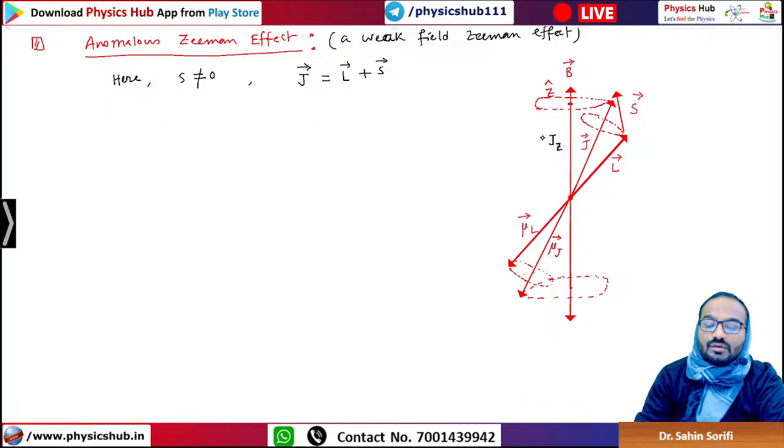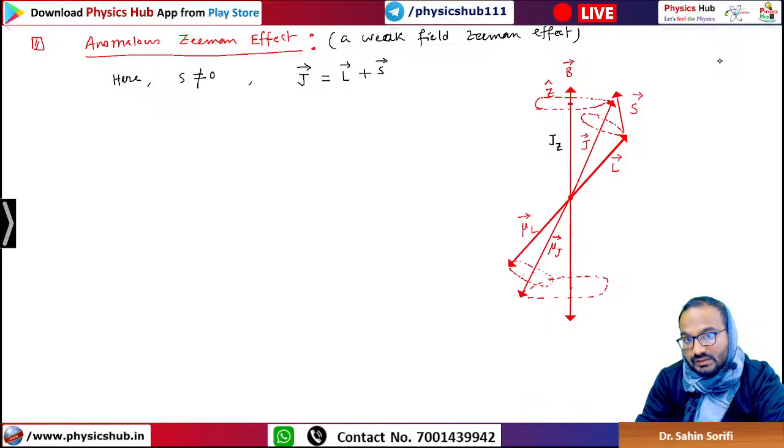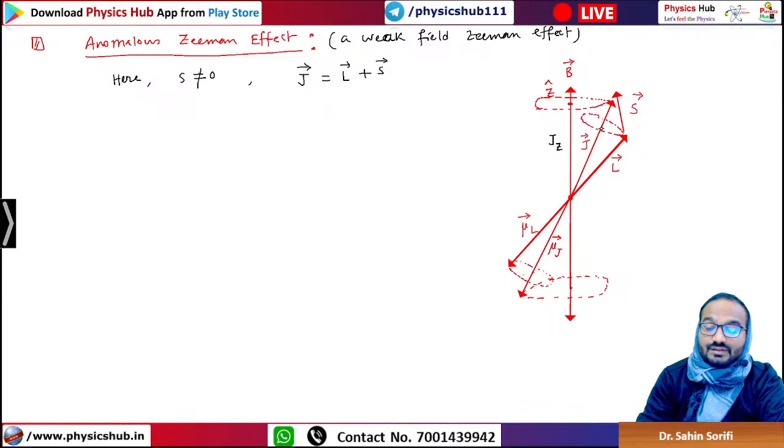Previously, what was ML responsible for? ML was responsible for splitting of the spectral lines. Here, that thing will be decided by MJ. The z component of J is Jz.